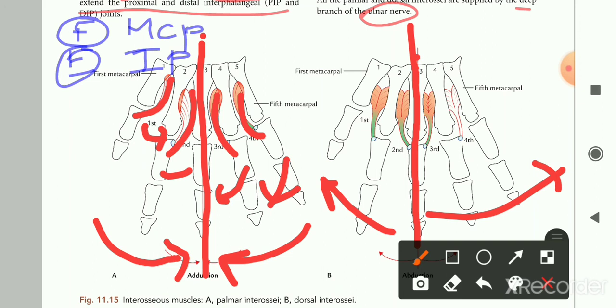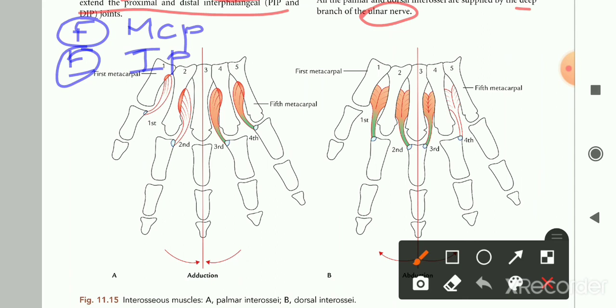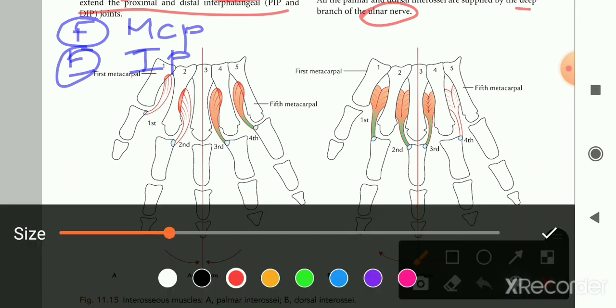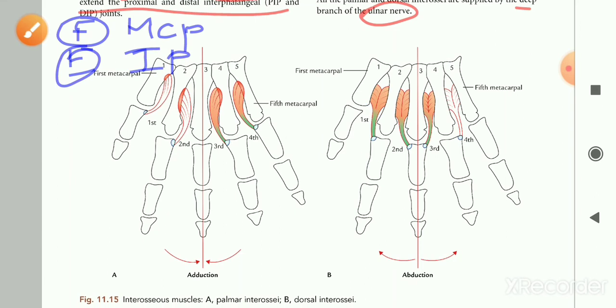And look at the dorsal interossei. These muscles are inserted on the lateral aspect of the base of the proximal phalanx.